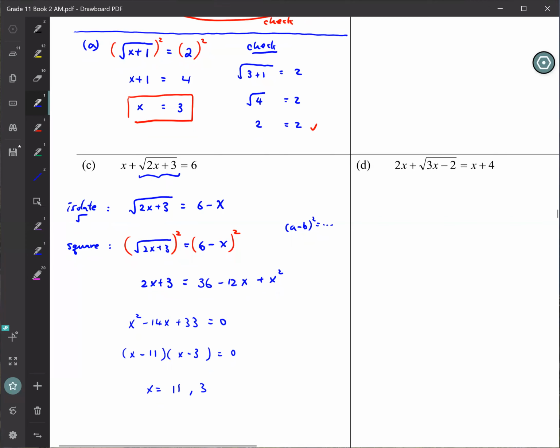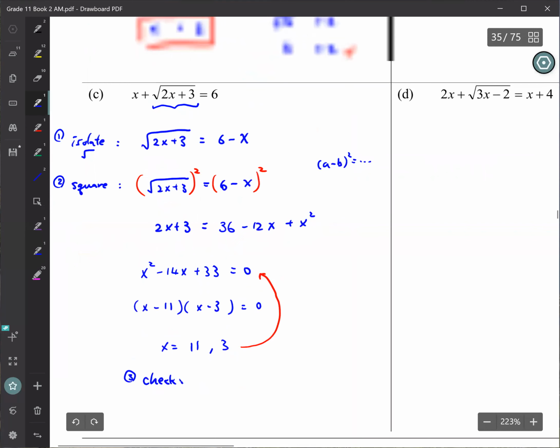But remember the answers that you got is the answer for the quadratic equation. It's not always the answer for the original. This is the answer for that one. So therefore, we must check. Step 1 is isolate. Step 2 is square both sides. Step 3, you need to check if you can keep it for the original question.